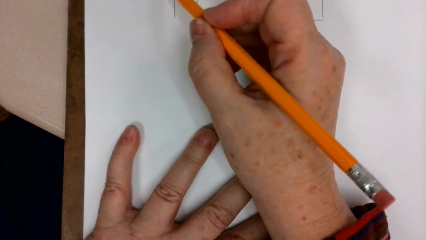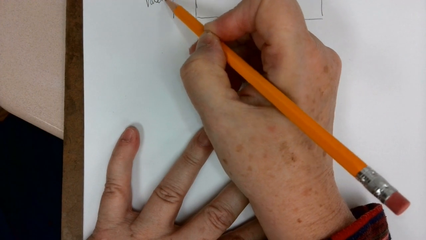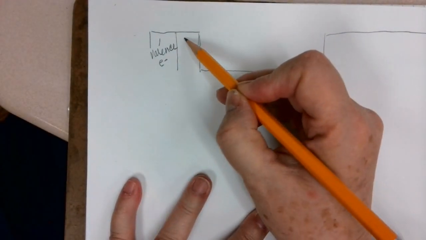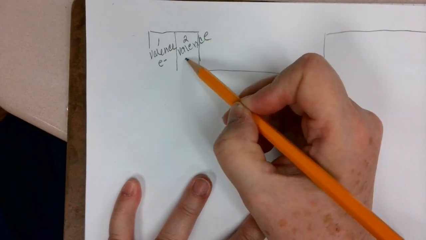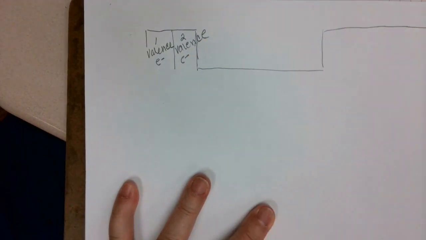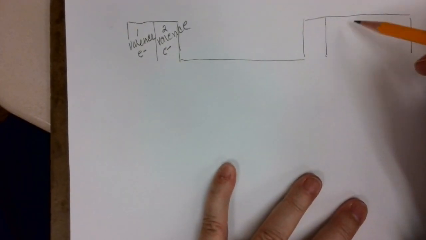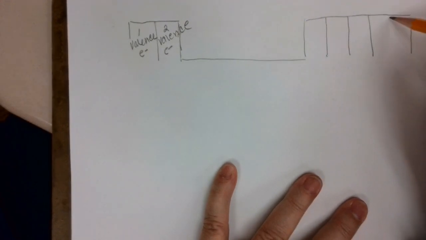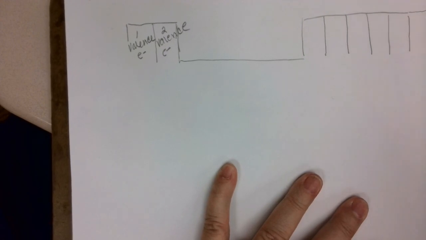Any element in column 1 has one valence electron, and everybody in column 2 has two valence electrons. And then you come on over here and you have 13, 14, 15, 16, and 17, and there's 18 right there.